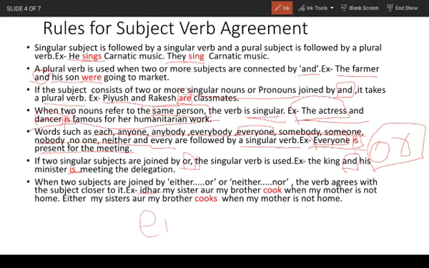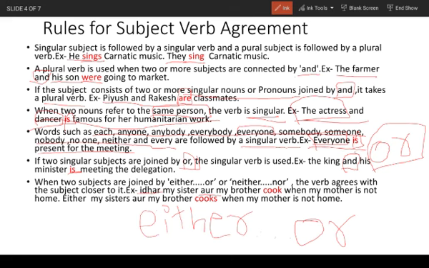So it's either my sister, and that is or. So they have used either-or, right? Either my sister or my brother cook when my mother is not home.